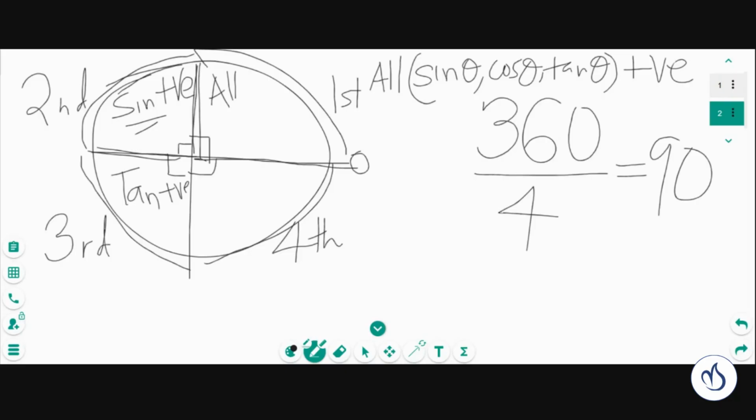Like here, only sine has been positive. If you take an angle between 180 and 270, 200 lies there. If you take tan of 200, you should get a positive figure. I'm getting positive 0.36397. But if I take sine of the same angle, I get a negative 0.342.